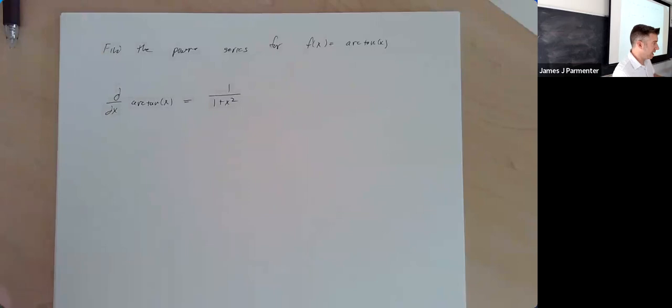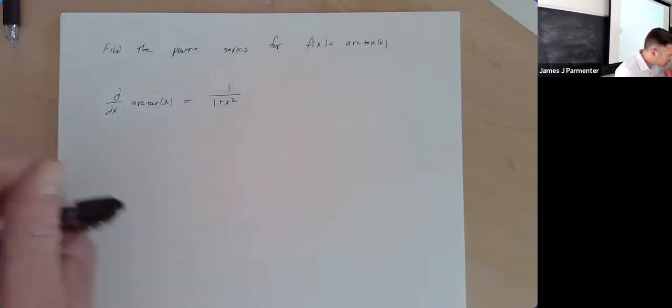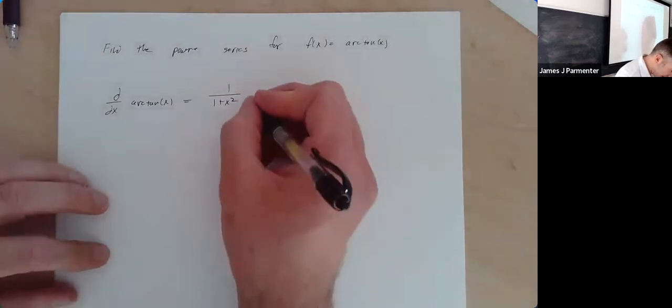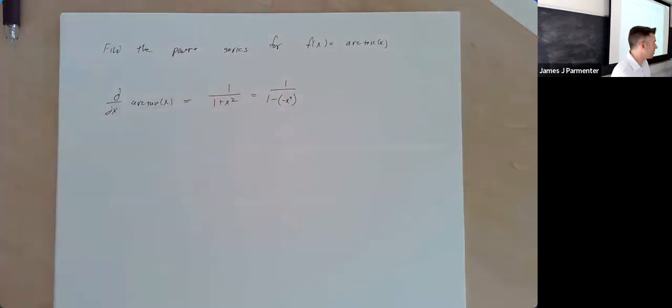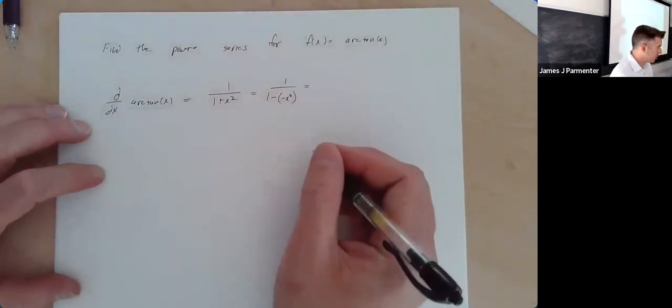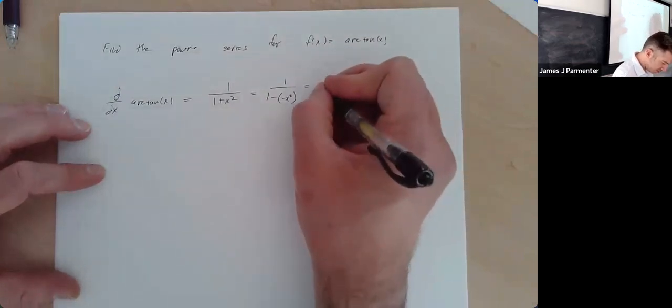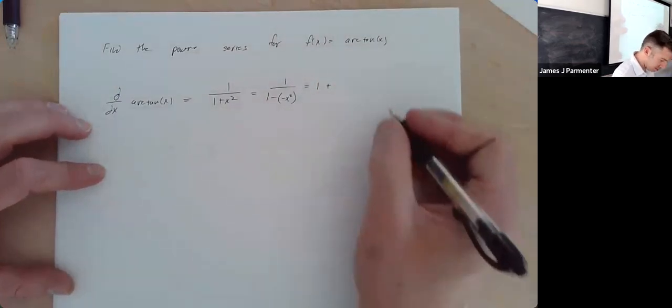So then I can write this as, oh, that looks like 1 over 1 minus something. I just have to rewrite it. It looks like 1 over 1 minus negative x squared. And then we can say my first term is 1, my ratio is negative x squared.